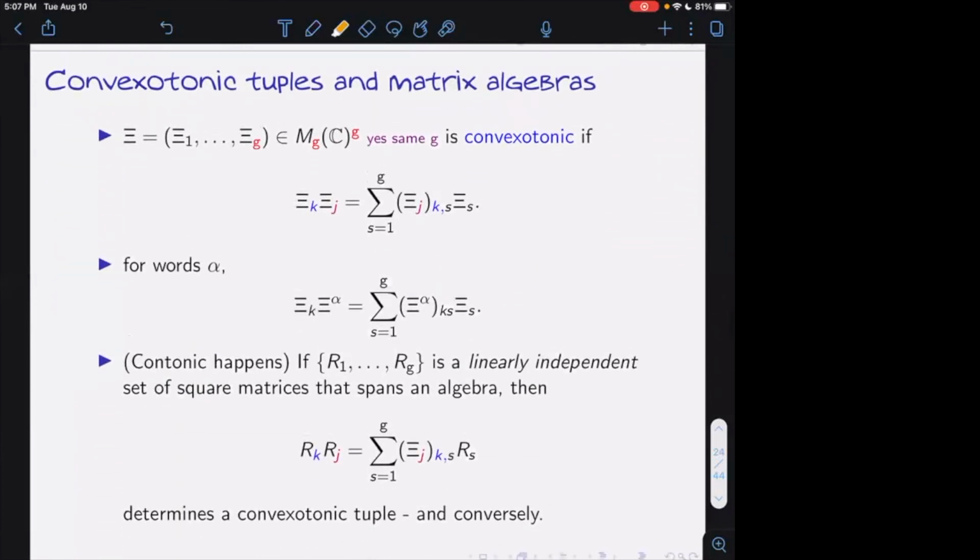So a convexotonic tuple chi, that's a G tuple of g by g matrices, and it's convexotonic if this relation holds. So maybe I'll come back to that in a second. Anyway, it's not hard to see if you iterate that for any word alpha, you end up with this sort of expression right here.